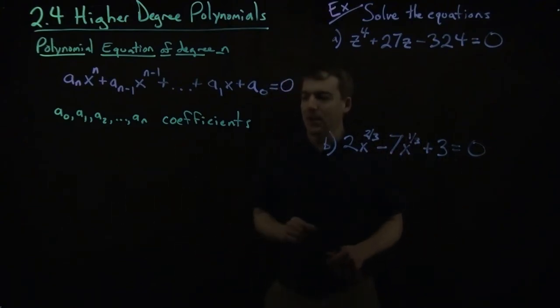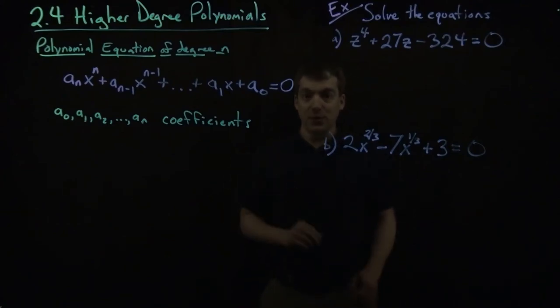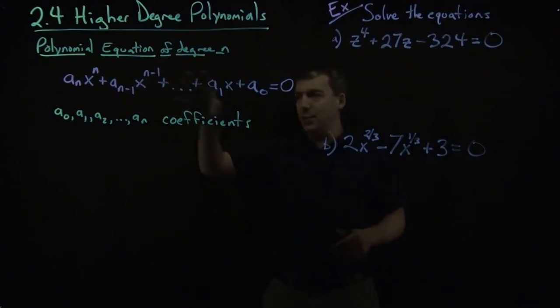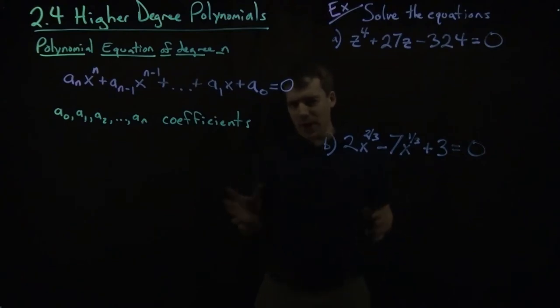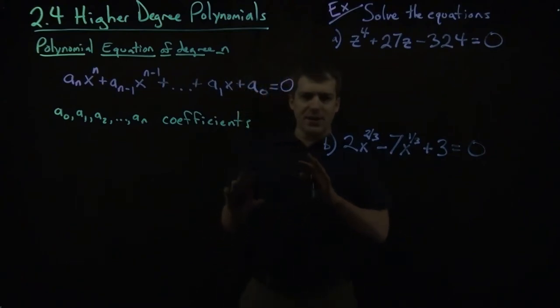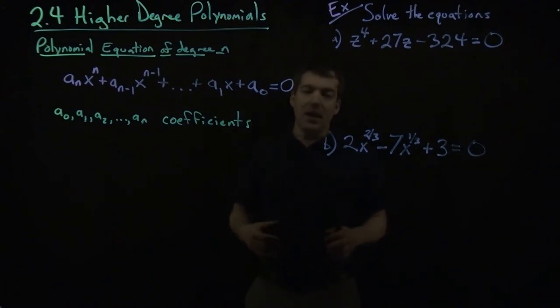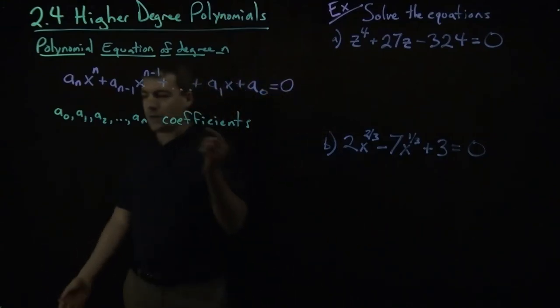But in this particular video, we're going to look at some special cases. The first case we're going to look at is when this fits what's called a quadratic form. These are not second degree polynomials necessarily, but they can be made to look like a quadratic. So let's look at this.